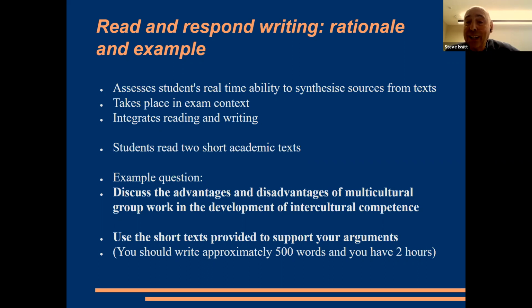Use the short text provided to support your arguments. So you should write approximately 500 words and you've got 2 hours. Okay, I think this probably encapsulates our approach pretty clearly. Okay. This is what we asked them to do. Next slide, please.